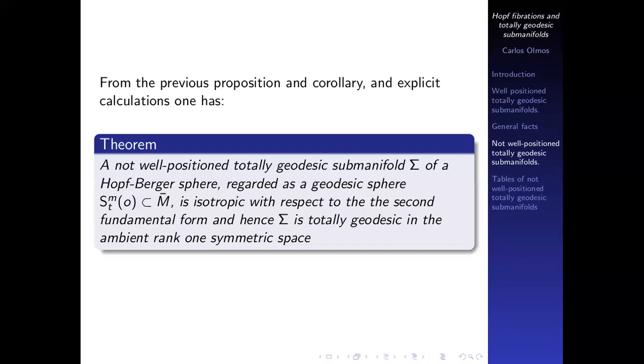Because a geodesic inside sigma, a geodesic gamma, alpha of gamma prime is 0, then this is also a geodesic in the ambient space. And so this is the crucial theorem for the classification.